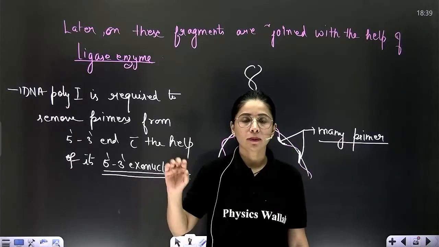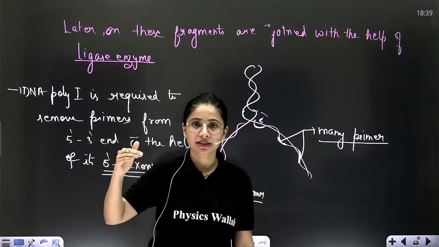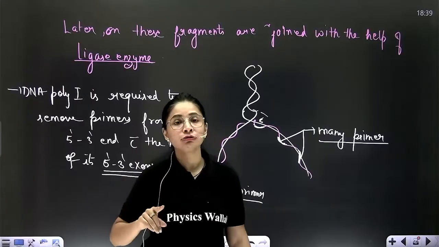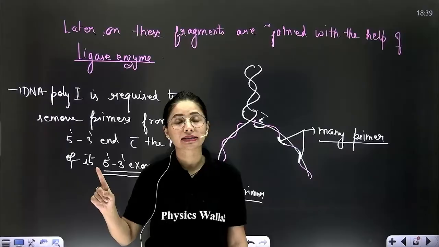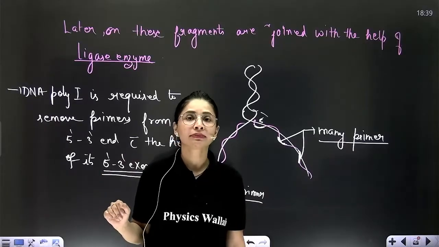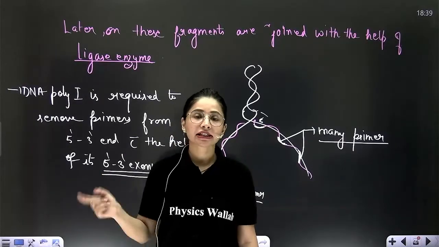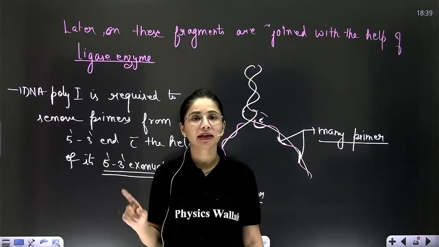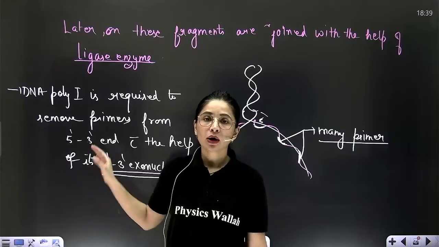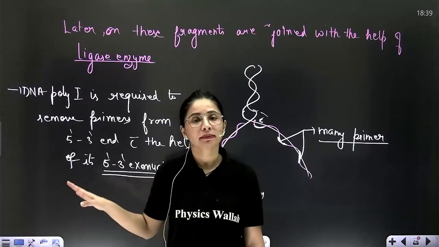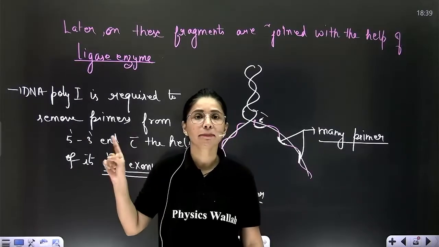Correct? Okay, now primers are attached, polymerization is done. One strand is continuously synthesized, and another strand is discontinuously synthesized, called the lagging strand, and those fragments are called Okazaki fragments, which are later joined with the help of the enzyme DNA ligase. At last, all the primers need to be removed with the help of the 5' to 3' exonuclease activity of DNA Pol 1.